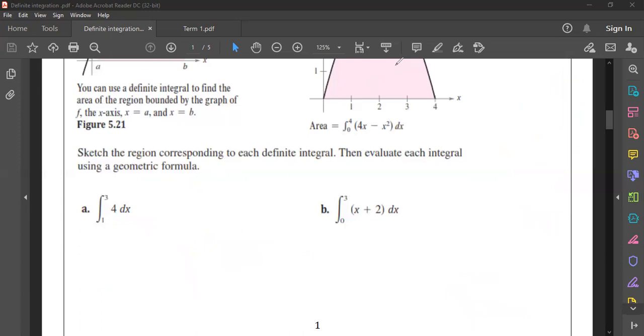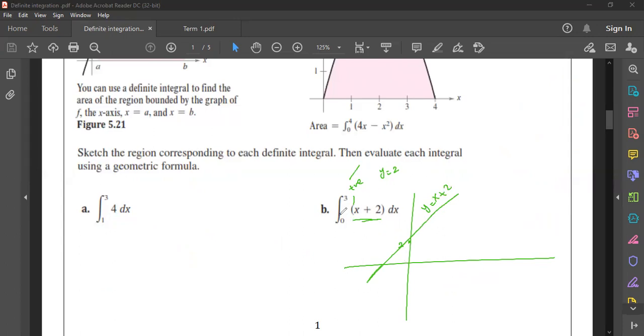Okay, let's solve the next one. Look here, what is the sketch of this function? Yes, I know. The slope is positive, so that is the position of the line, and it passes through y equal 2. That is the sketch of this line, y equal x plus 2.